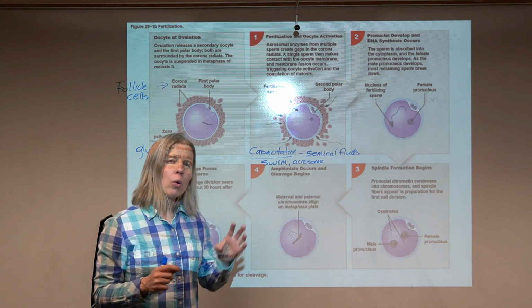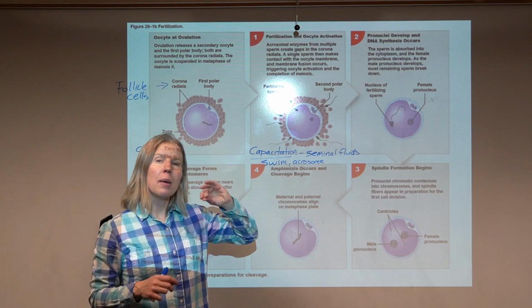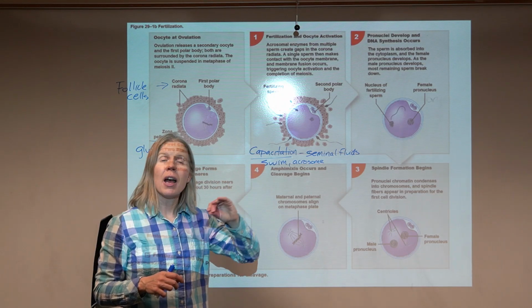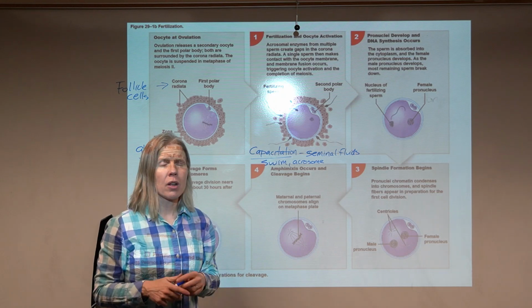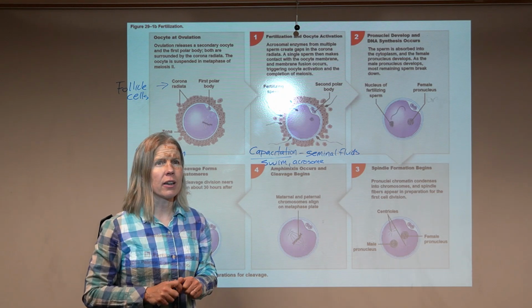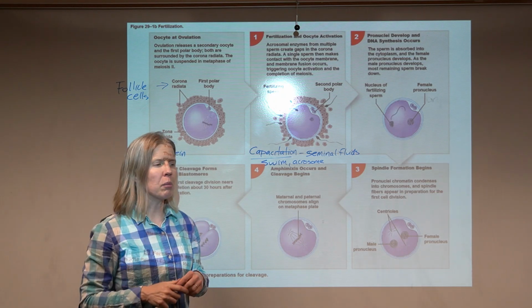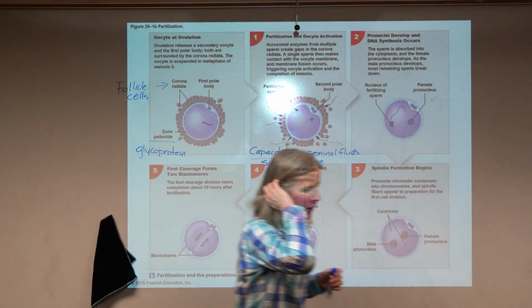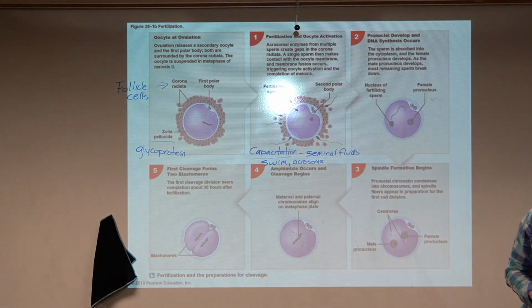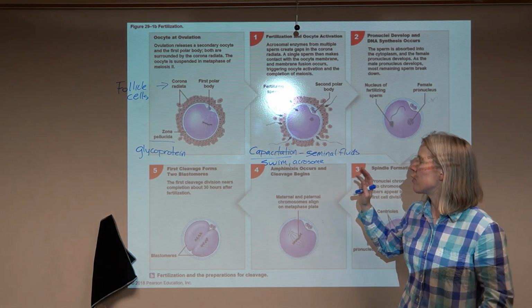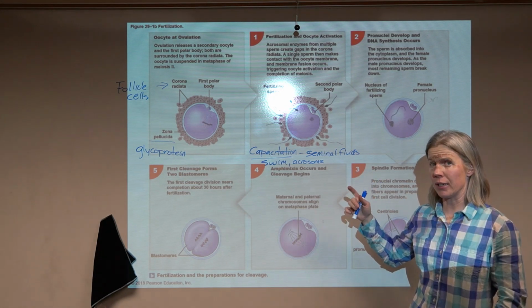But of that, only about 10,000 make it up into the uterine tubes, and then only a few hundred are going to make it onto the isthmus, which is actually the most common place that fertilization is going to take place.